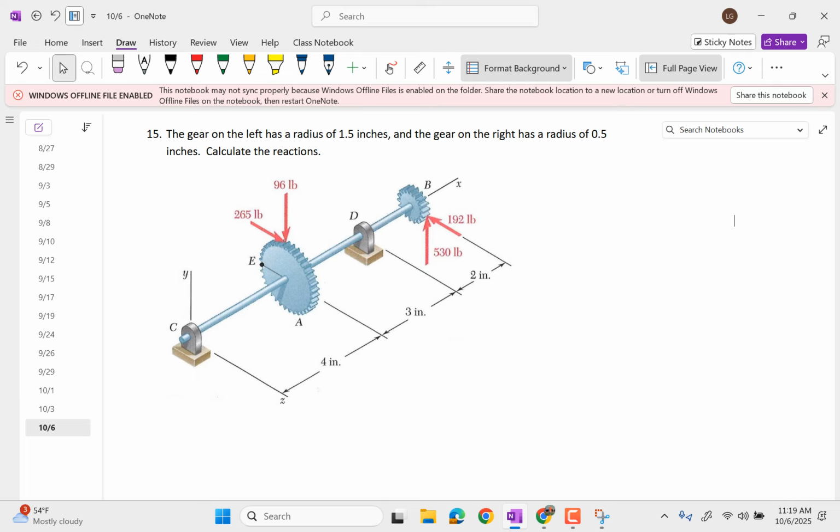So what we're going to do is just set all the other ones equal to 0 and not worry about what's happening with the rotation. This thing is designed to rotate like that. We want to use statics to calculate the other forces. So start with a free body diagram.